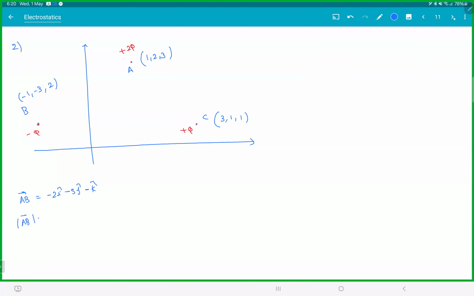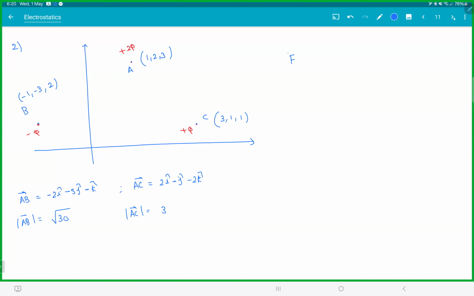So magnitude of AB bar will be root over 4 plus 25 plus 1, root 30. You know what is AB cap. Then similarly, let's find AC bar. 3 minus 1, 2 I cap, 1 minus 2 minus J cap, 1 minus 3 minus 2 K cap. So mod AC bar is root 9, that is 3.